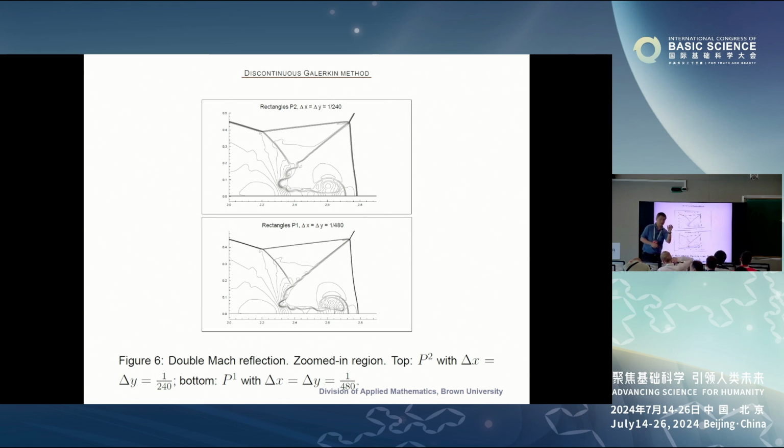Even though the per cell cost is larger, the mesh is four times smaller, only 1/4 of the mesh size here. Plus the time step is also bigger. So this will be much less expensive than that, telling you that you should use higher order methods even for discontinuous solutions.